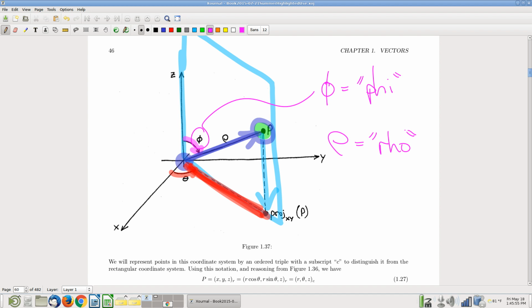It's not the same as P. Take a few minutes and just practice making that funny-looking little symbol. It's rho, and it's kind of a problem if you write P because P suggests a point. See, I use P there for that point. You can't use P for two different things.